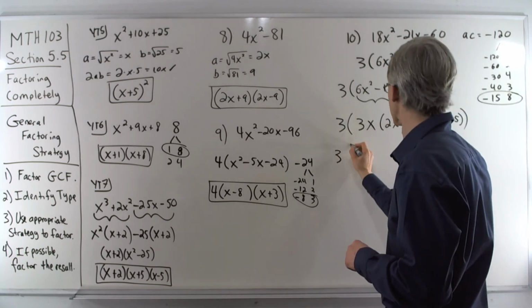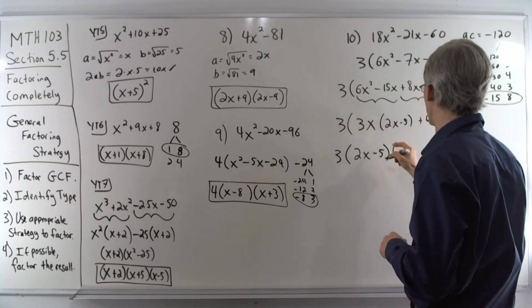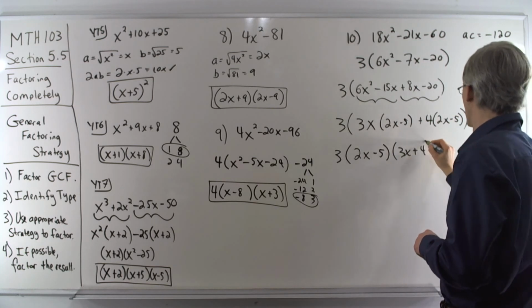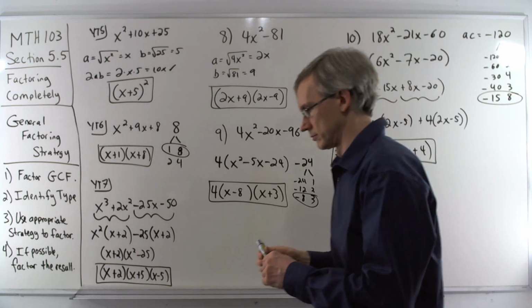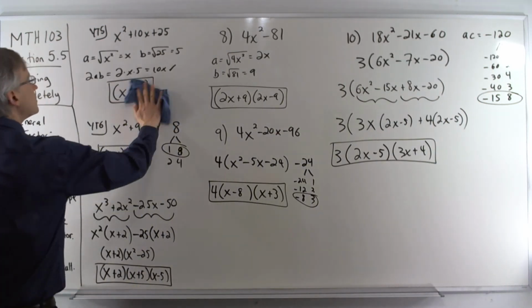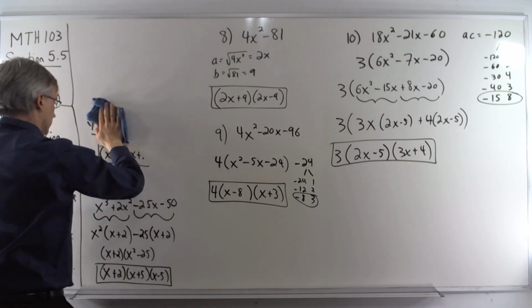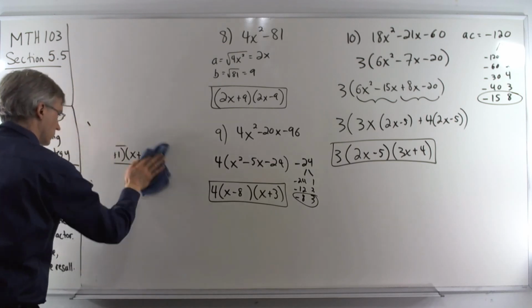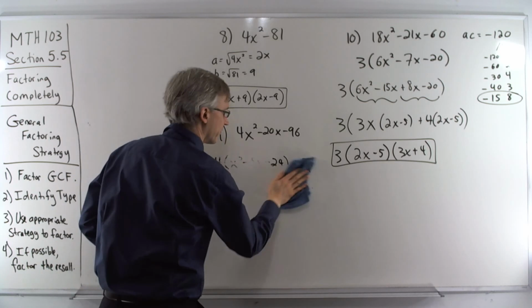Keep that 3 on the outside. 2x minus 5, and then 3x plus 4. That brings us to your turn number 11.